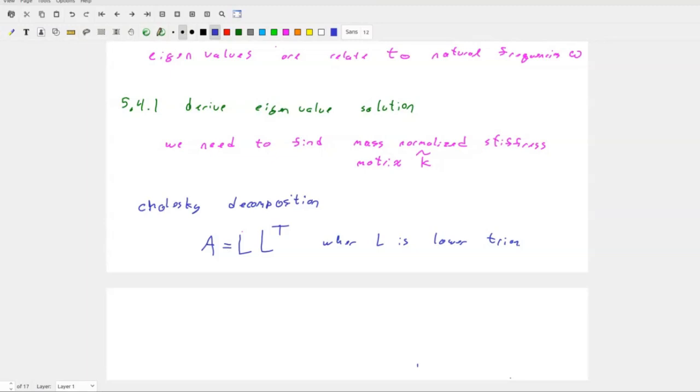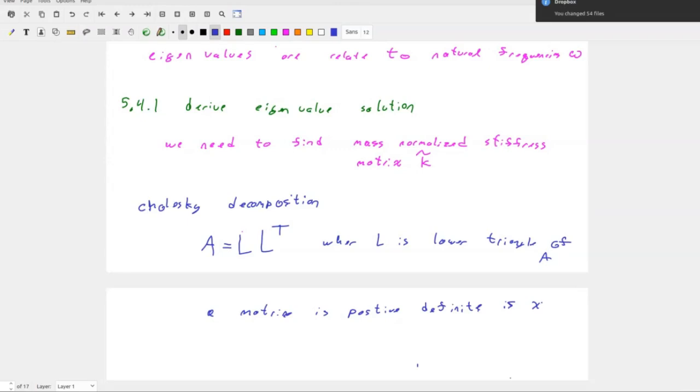Lower triangle of A, right? And a matrix is positive definite if X transpose A X is greater than 0, where X is any non-zero vector, right?